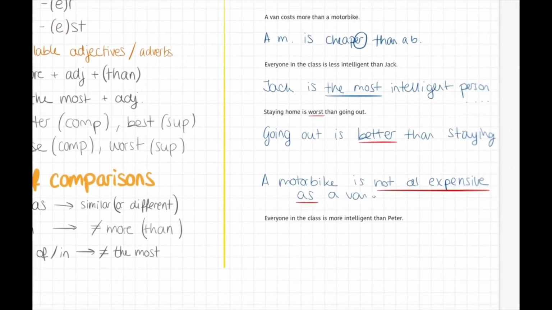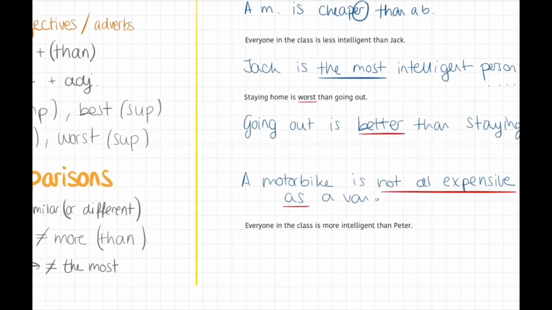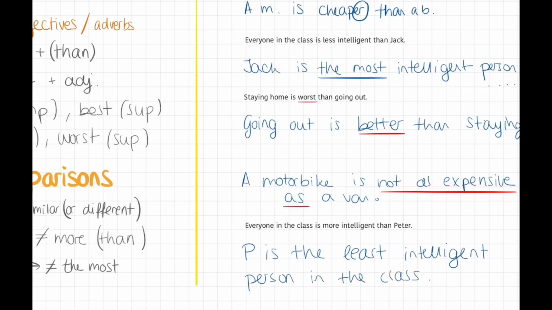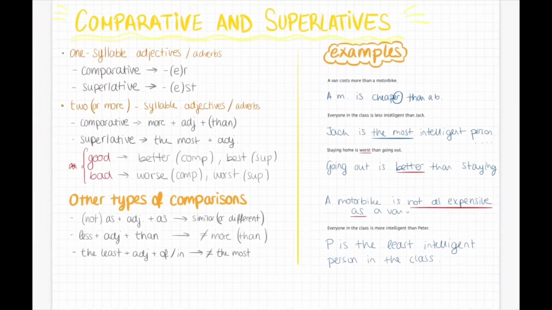So, if we want to change this example, if now instead of talking about Jack, we are talking about Peter. Everyone in the class is more intelligent than Peter. Peter is the least intelligent person in the class, because everyone else is more intelligent. Okay, so this is all about the comparative and superlative forms.